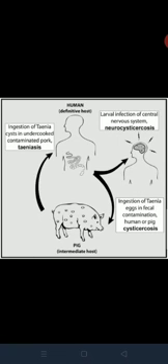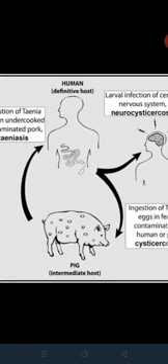In the life cycle of the tapeworm, animals like pigs and cattle become infected with this parasitic tapeworm. When an animal grazes on food or drinks water contaminated with tapeworm embryos, which are actually gravid proglottids, it becomes infected. Right? Then how does it enter the human body?